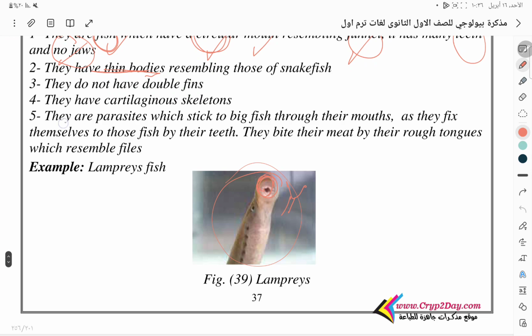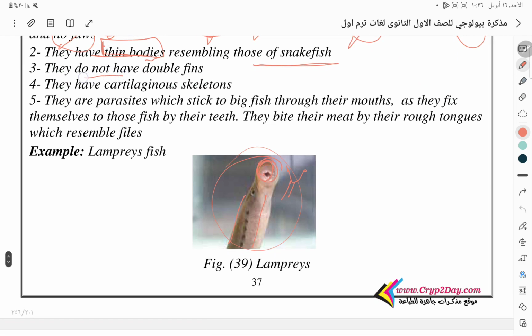Their body is thin, like a snake fish. They don't have double fins. They have a cartilaginous skeleton. This skeleton is cartilage, no bone.